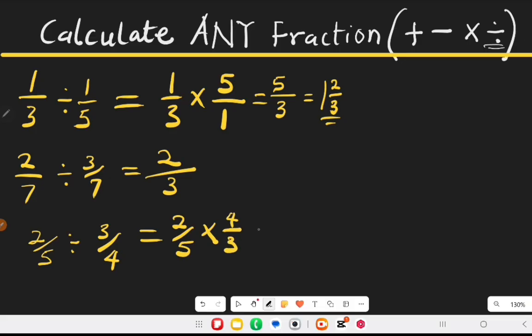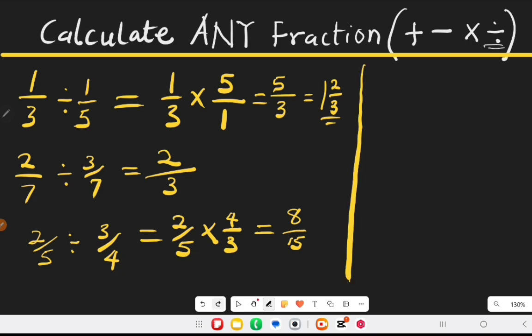Then we multiply across, since we cannot cancel any. So we have 2 times 4 gives us 8, and 3 times 5 gives us 15. Can we divide? No. And the fraction is proper fraction. So we leave our answer like that.